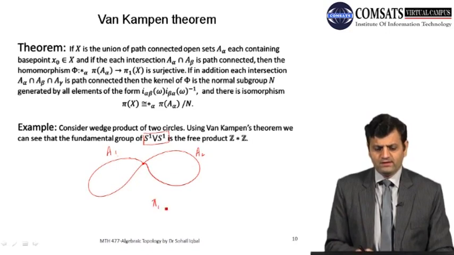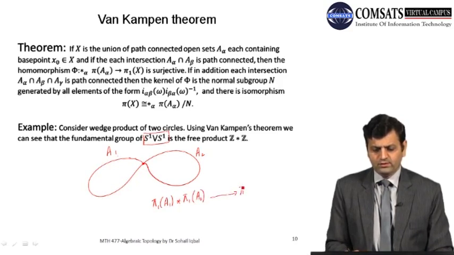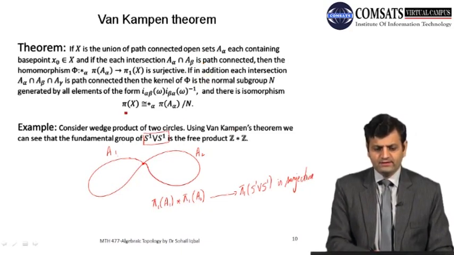So we can say that pi 1 A1 free product pi 1 A2 going to pi 1 of S1 wedge S1 is surjective, because the intersection is path connected. Now there are only 2 sets, so there is no triple intersection, and that's why this condition is satisfied.